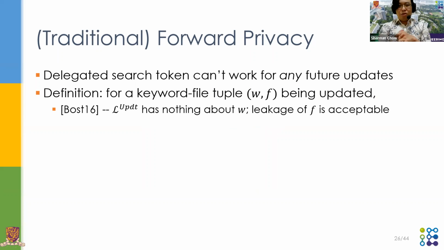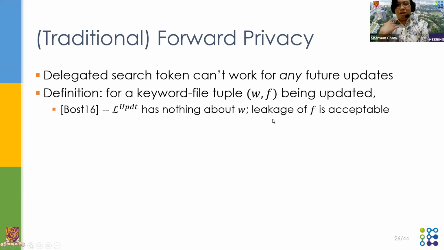And now towards the newer notion. There is a little bit of literature history I want to talk about. The first formal definition, by Bost, tries to capture the following. If we take the update to be a keyword-file tuple (W, F), his idea is that the leakage of the update operation will leak nothing about the keyword.